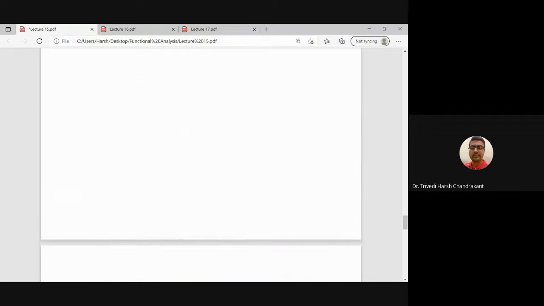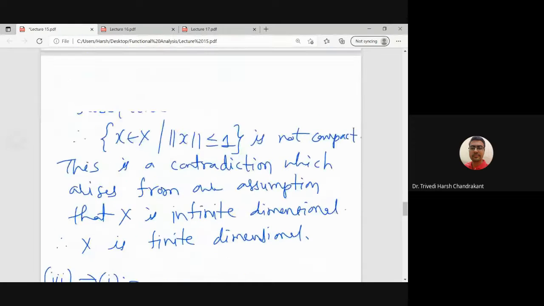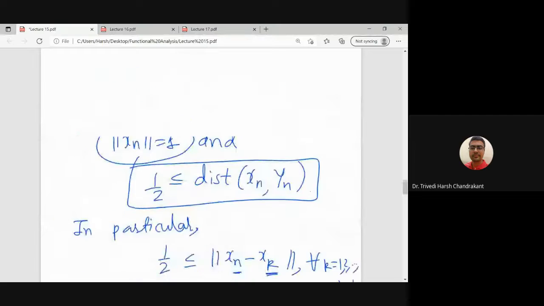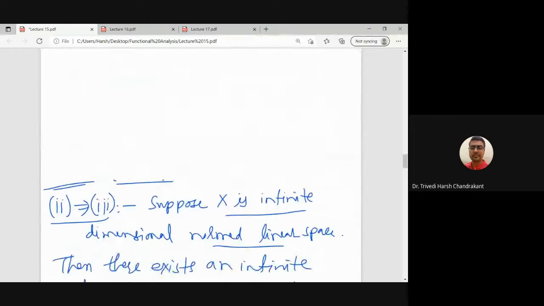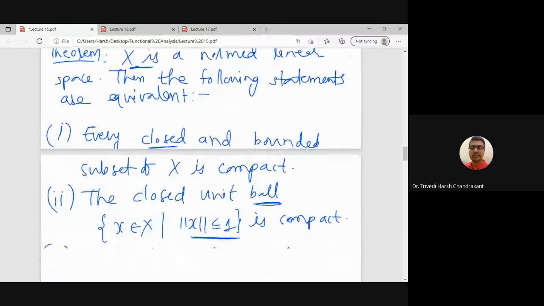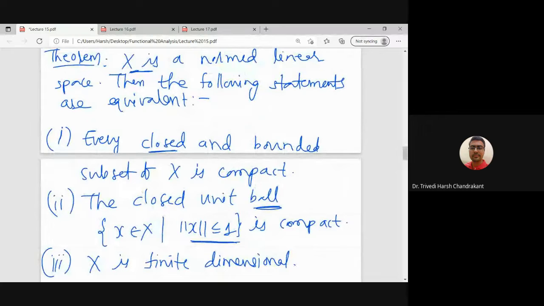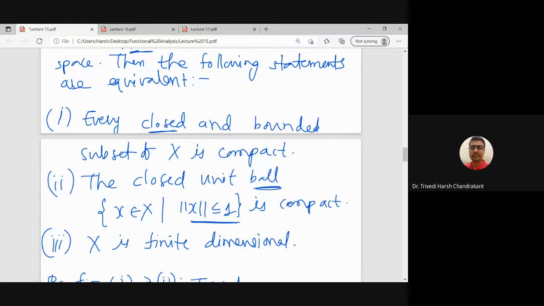So what is the application of this result? This result says that if X is a normed linear space, the closed unit ball is compact only when it is finite dimensional.